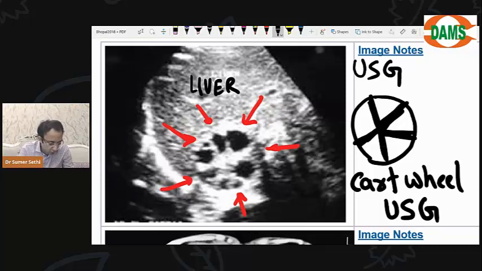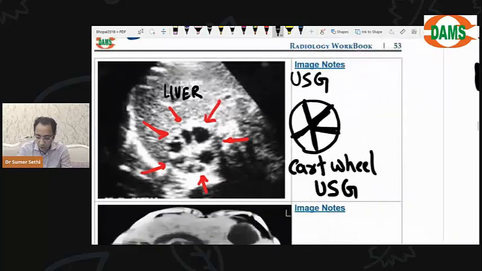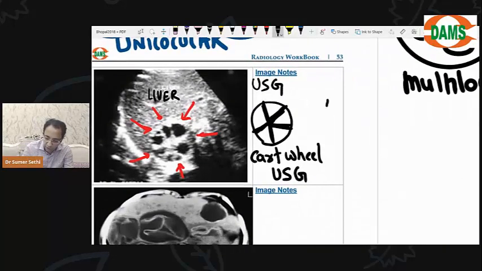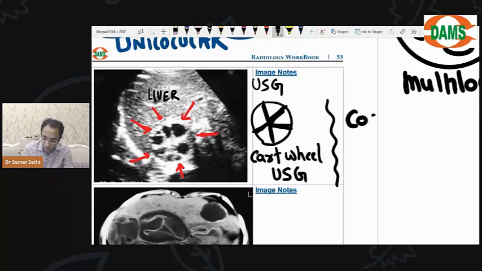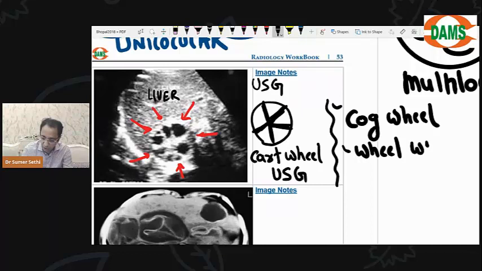This is how a multilocular cyst looks, and this is what is called the cartwheel appearance on ultrasound. Now don't get confused here. If they say cogwheel or wheel within a wheel, have you heard of them before?